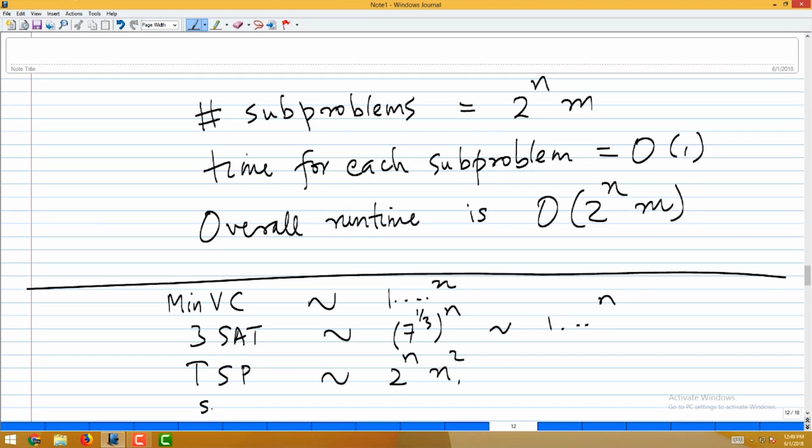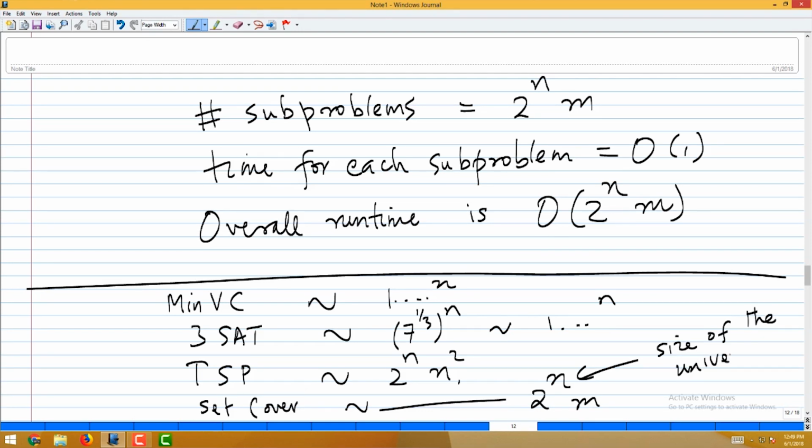And for set cover, the brute force is 2 power m, where m is the size of the family, but we have 2 power n times m, where n is the size of the universe. Okay, so, this is basically the game in the world of exponential time algorithms.